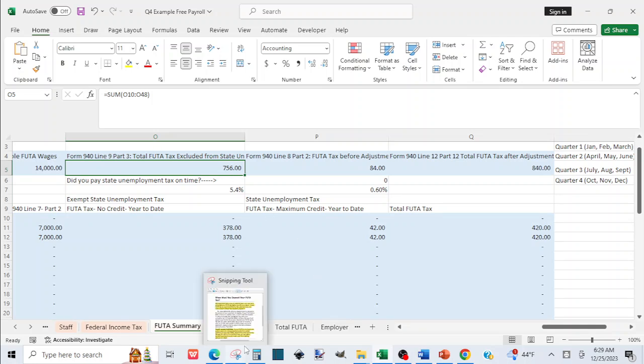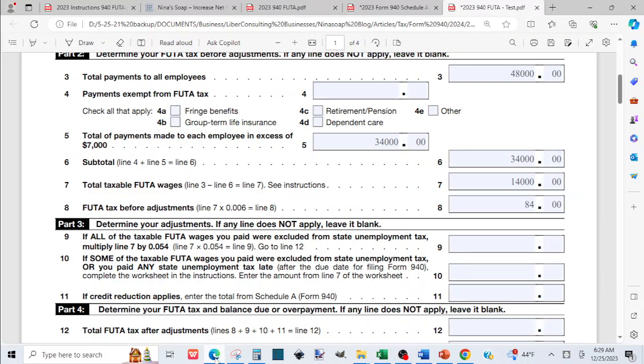But in this example, it does not apply to us. Therefore, we are going to leave that line blank. But if it is excluded from the state unemployment tax, you will not leave it blank.